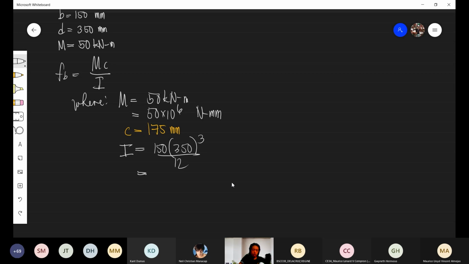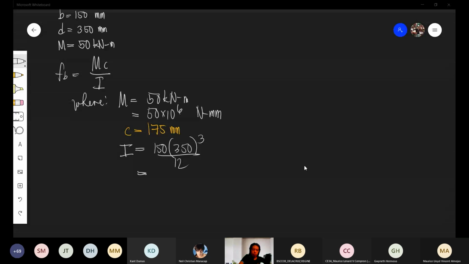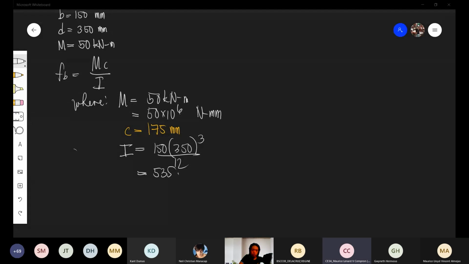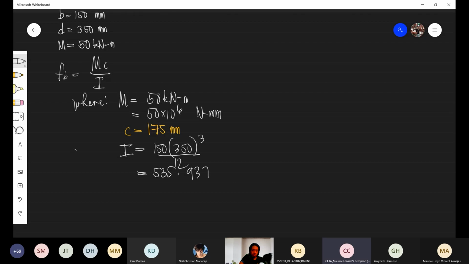So 150 times 350 cubed divided by 12 gives 0.9375 times 10 raised to 6, in mm raised to 4.